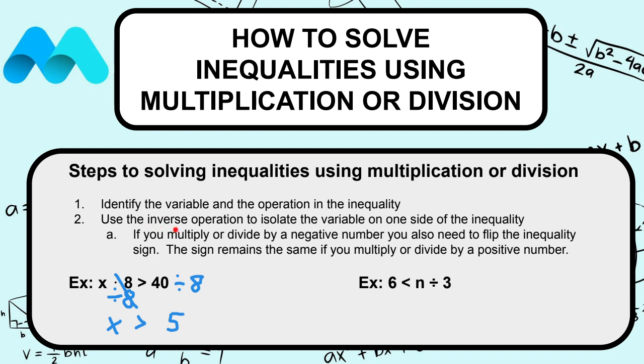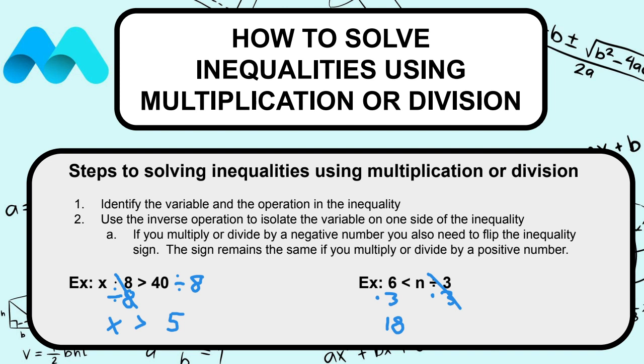We have to use the inverse operation, or the opposite operation, to isolate the variable. So the opposite of division is multiplication. I'm going to multiply each side by 3, and then I'm going to work left to right. So 6 times 3 is 18, and then 3 divided by 3 is 1.